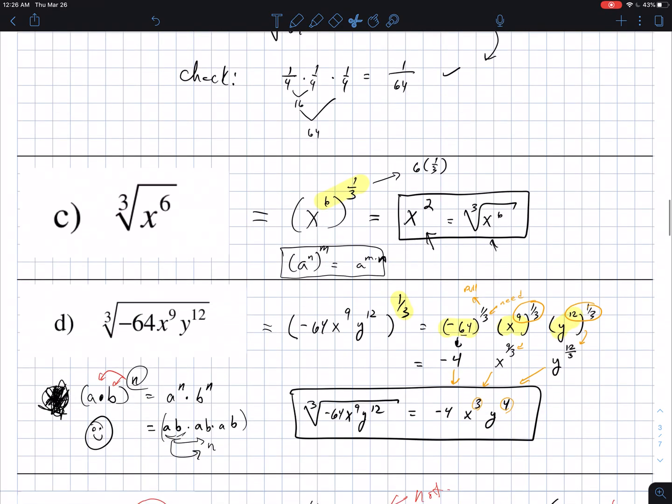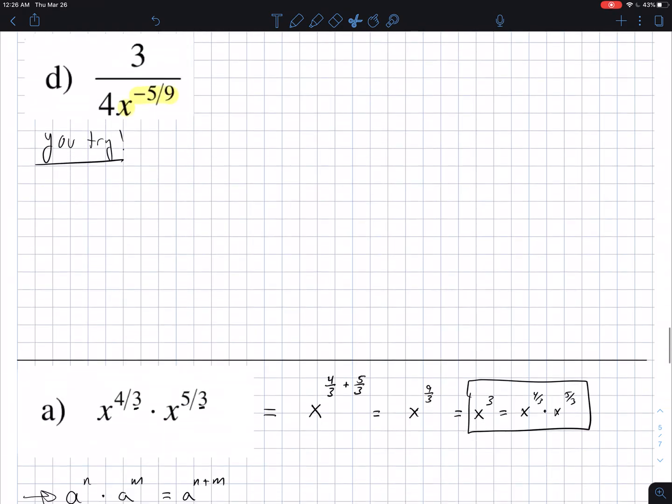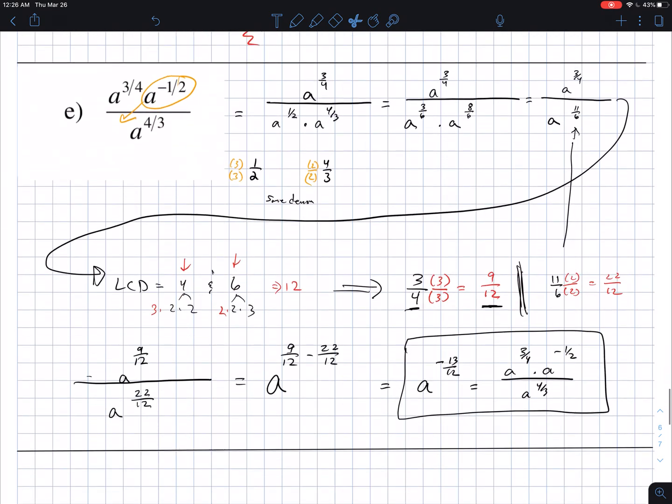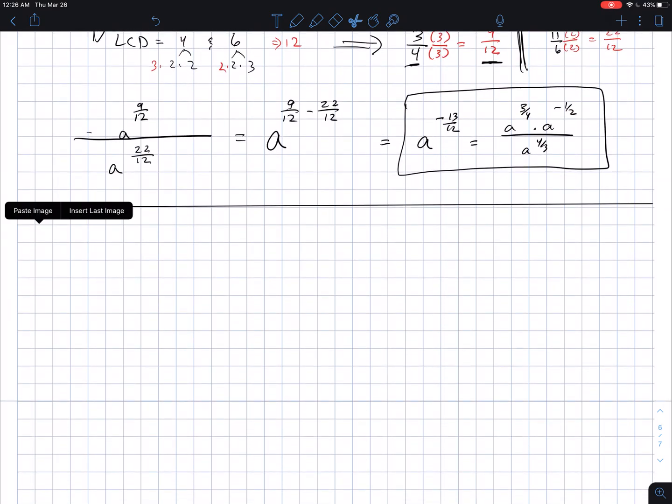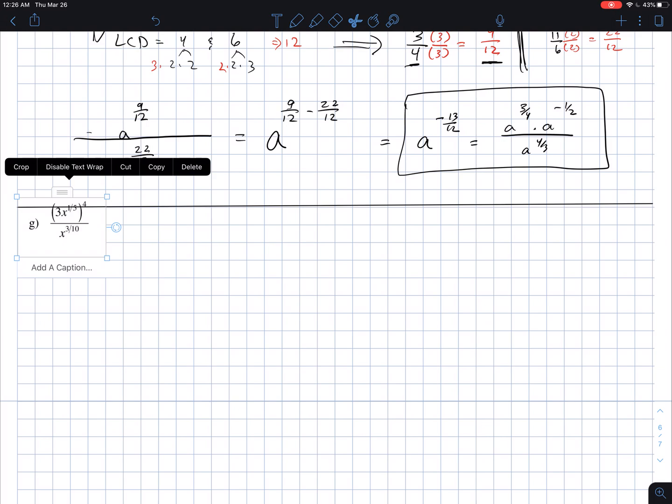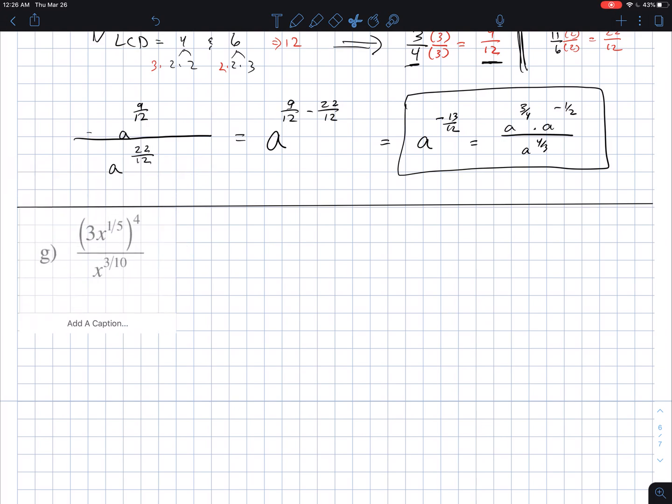Ooh. Okay. So let's go down. Wow, this just keeps going, doesn't it? Okay. Paste image. Stretch it out. Move it down. There we go. Okay. This one looks pretty bad, but everything looks bad at first. Don't worry.